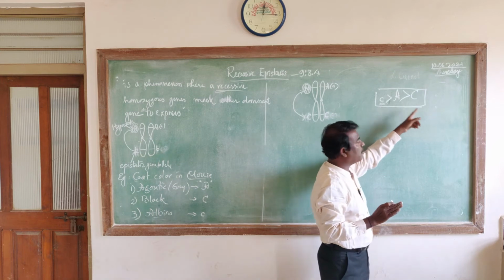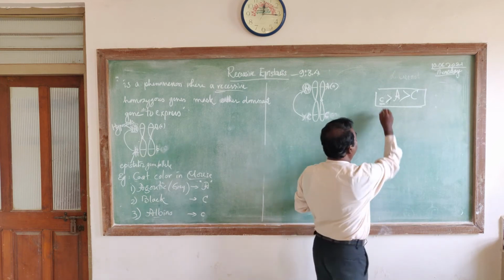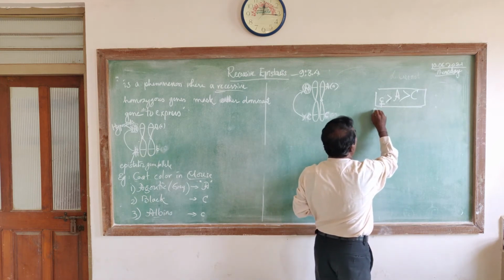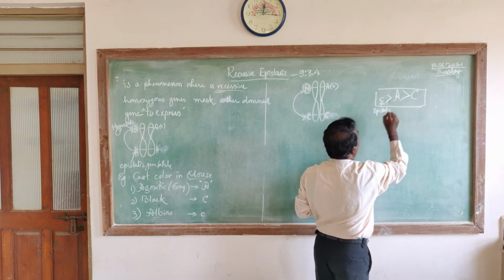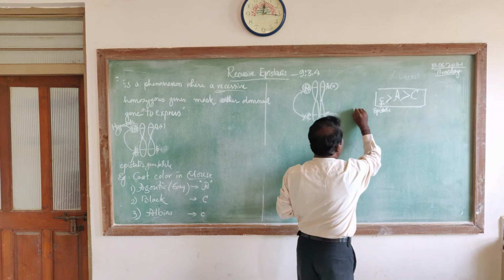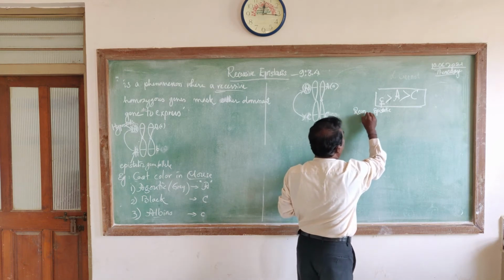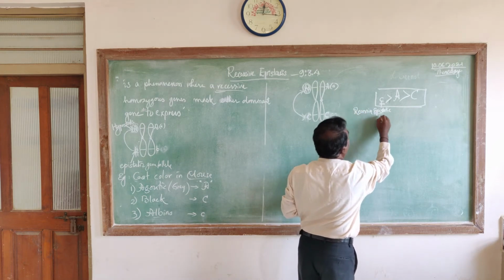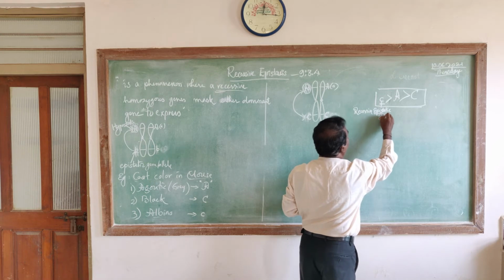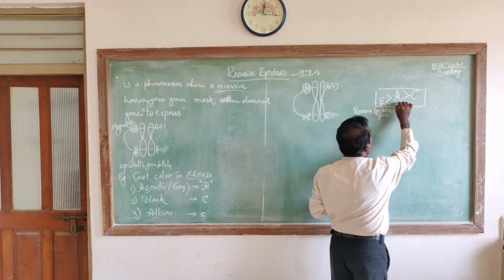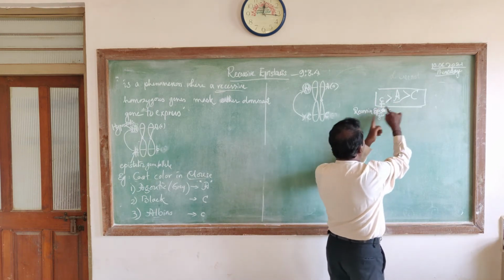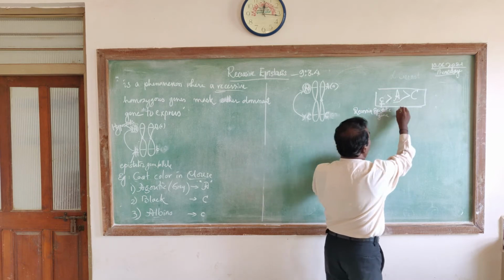This way is the order of dominance. But here this small c is known to be epistatic. What kind of epistatic gene? It is recessive epistatic gene. Okay, and this capital A, which is being masked by this recessive epistatic gene small c, is said to be what is it?